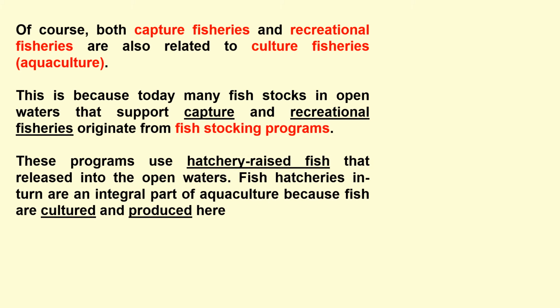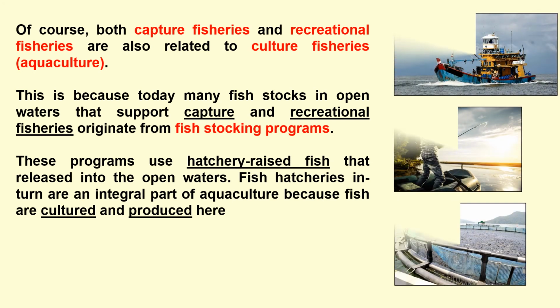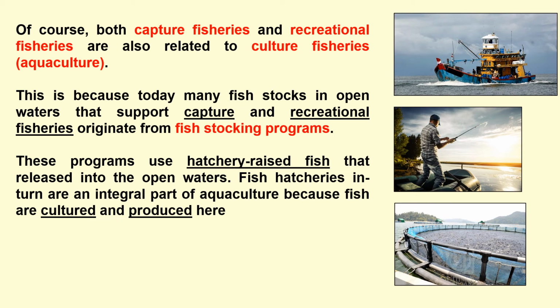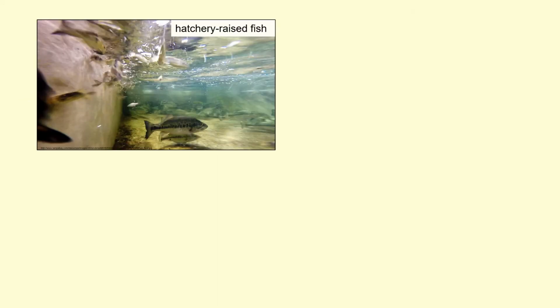These programs usually use hatchery-raised fish, where they raise the fish in a hatchery and then release them into the open waters. Fish hatcheries in turn are an integral part of aquaculture, because fish are cultured and produced here at the hatchery. All right, so these three types of fisheries are also related.